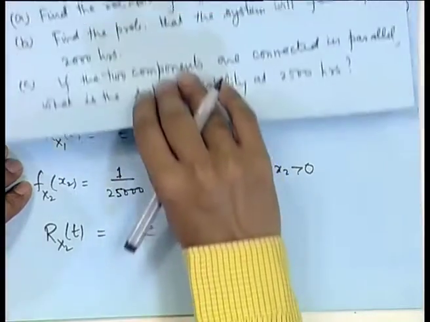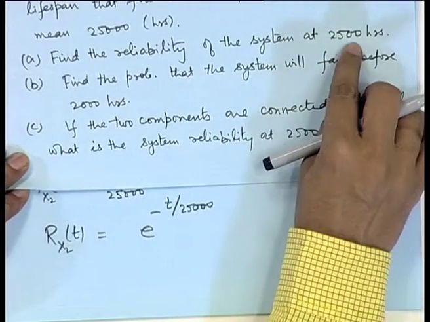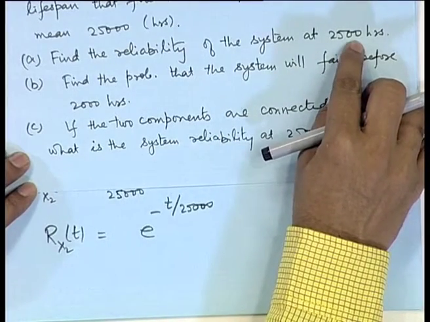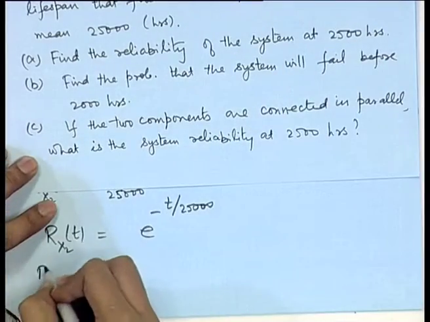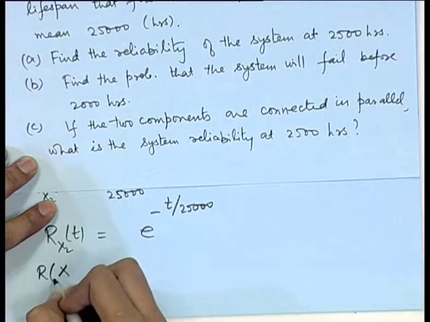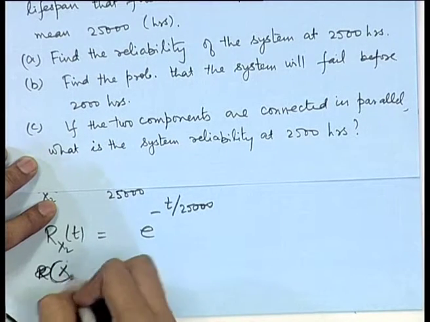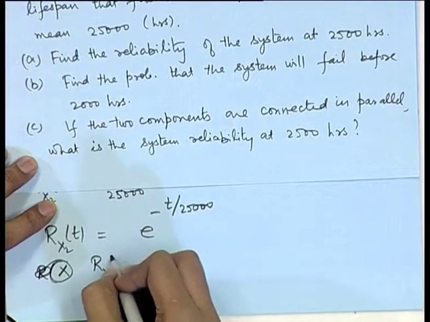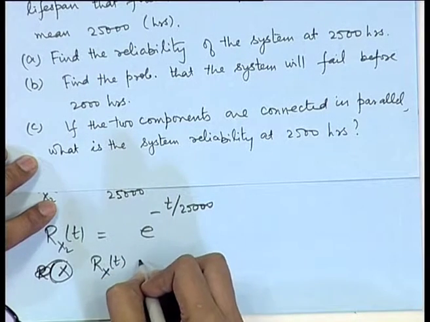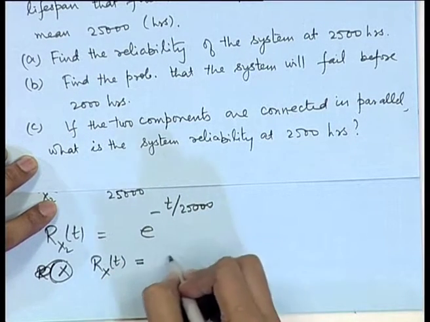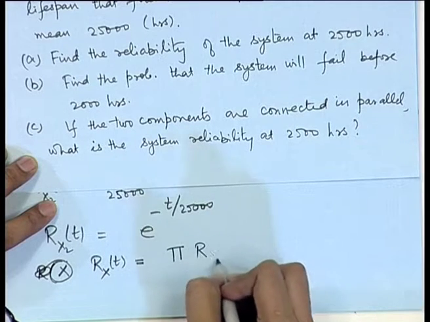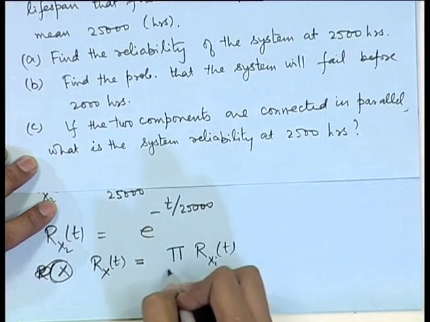Now, we are interested in the reliability of the system at 2500 hours. So, the system life, suppose it is X. The system reliability at time t, for a series system, is the product of the individual reliabilities.